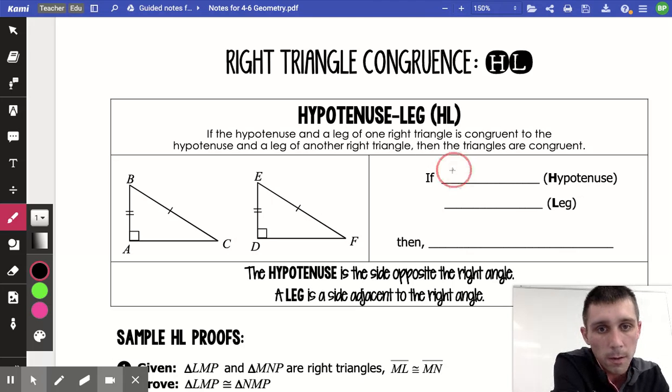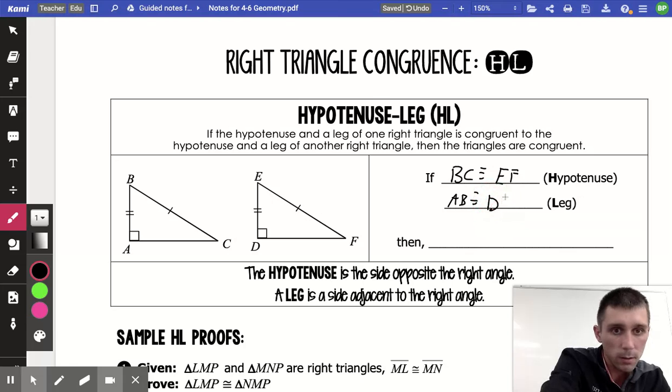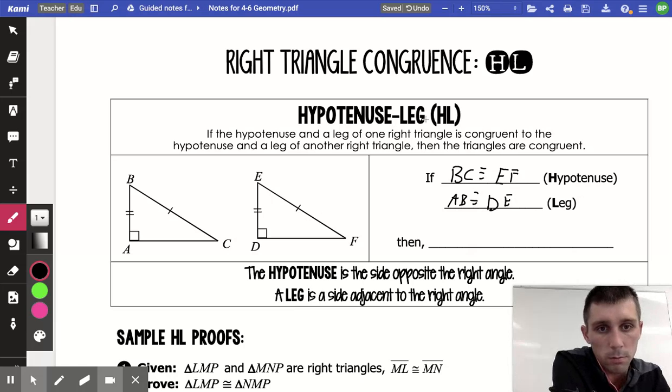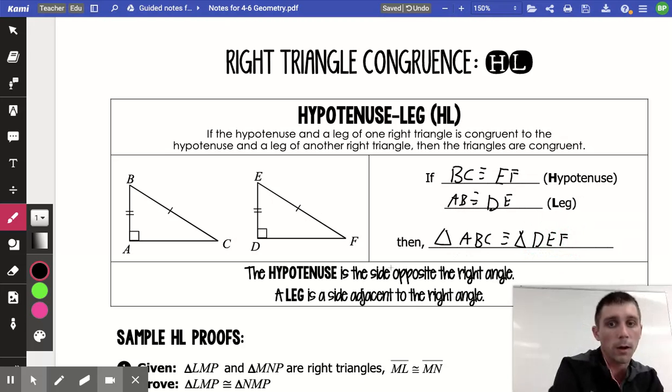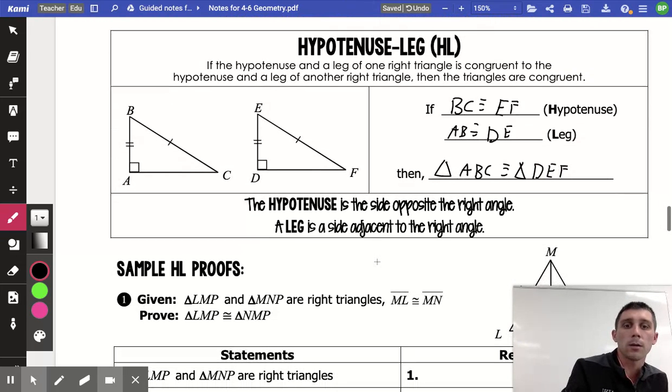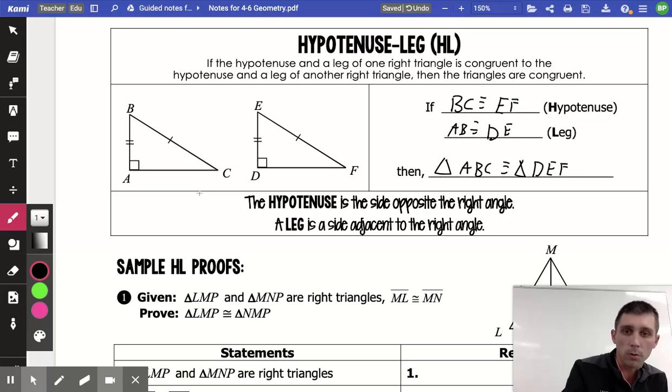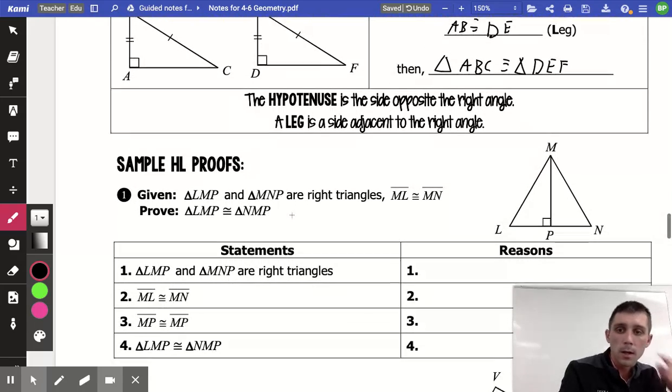So if BC, the hypotenuse, is congruent to EF, and if a leg, AB, is congruent to a leg, DE, then we can say triangle ABC is congruent to triangle DEF. The hypotenuse is the side opposite the right angle, the diagonal. The leg is a side adjacent.